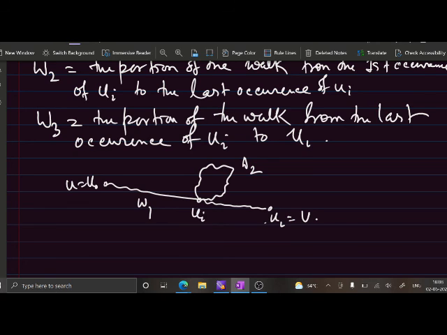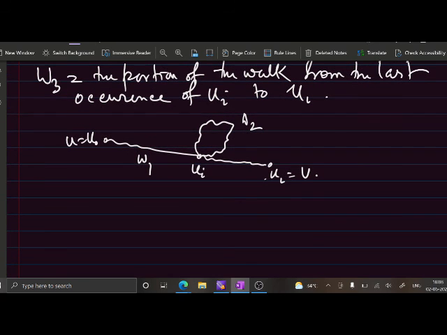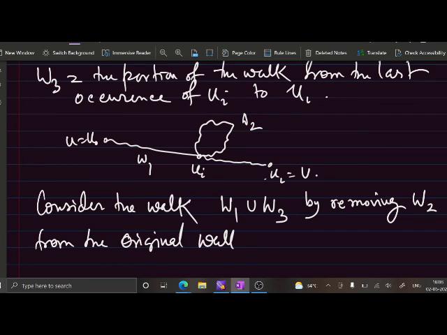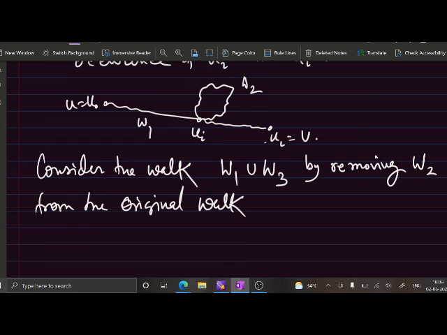So what you can do is consider the walk W1 union W3 by removing W2 from the original walk, and you will see that this resulting walk is again a walk from U to V, but in this walk Ui will never be repeated, right.